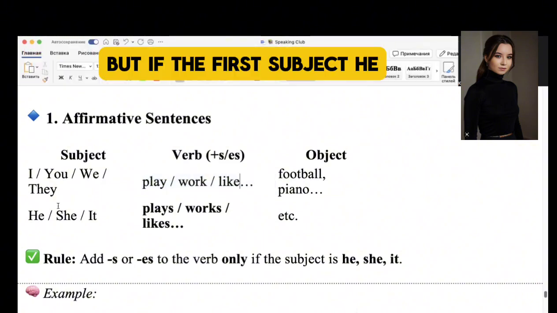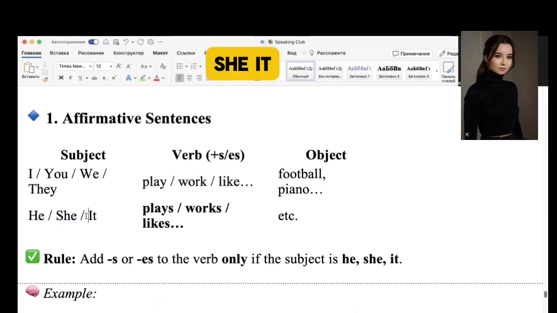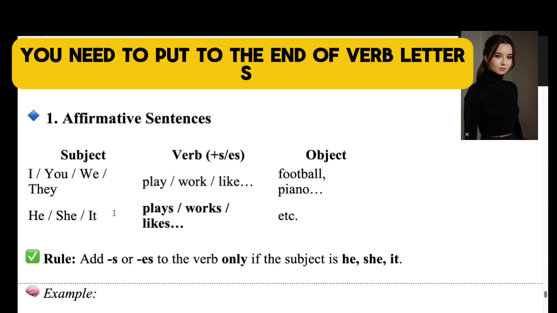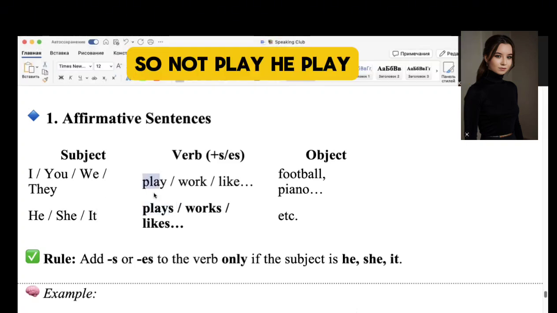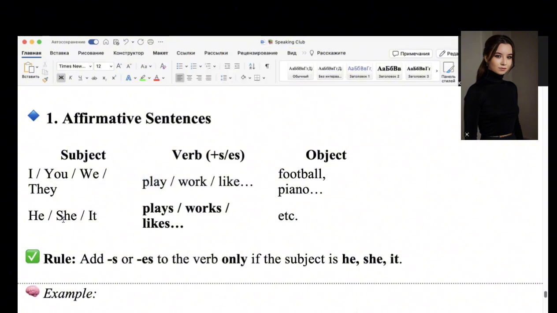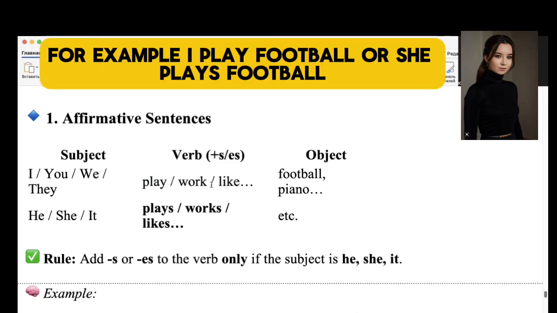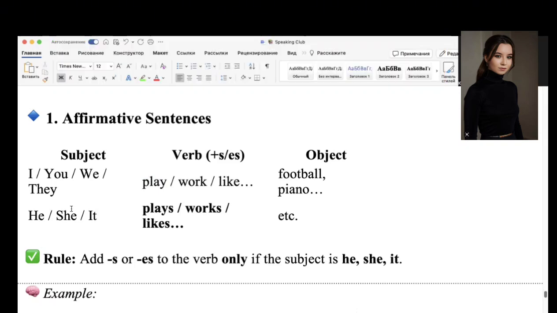But if the subject is he, she, it, you need to put the letter S at the end of the verb. So not "he play", not this mistake. He plays, she plays, it plays. For example, I play football or she plays football.